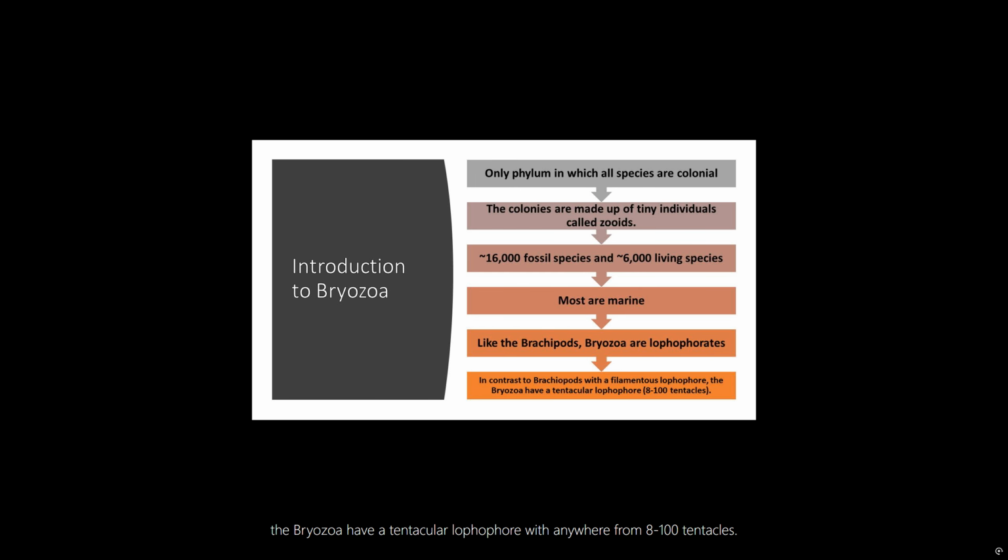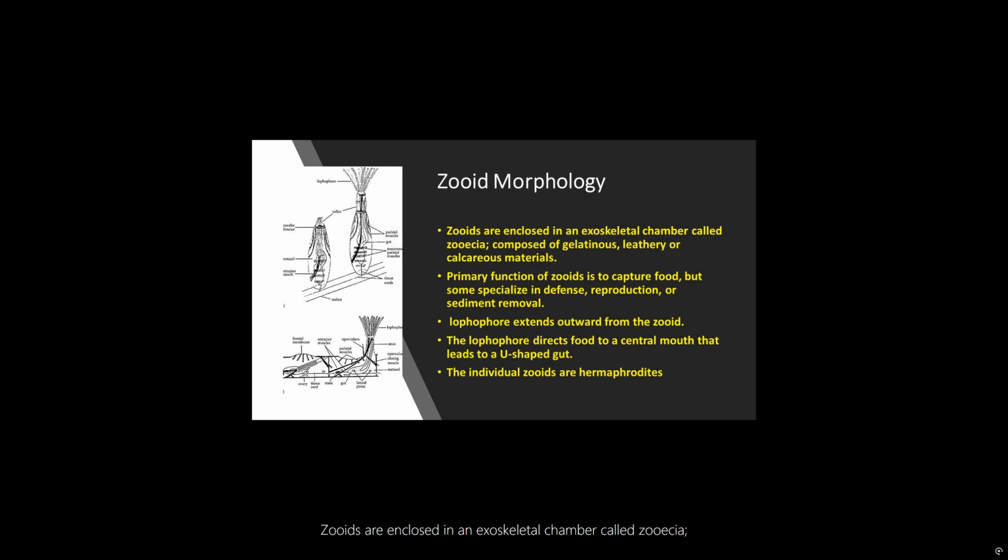Bryozoa are also lophophorates, but in contrast to brachiopods with a filamentous lophophore, the bryozoa have a tentacular lophophore with anywhere from 8 to 100 tentacles. Zooids are enclosed in an exoskeletal chamber called zooecia, which is composed of gelatinous, leathery, or calcareous materials.